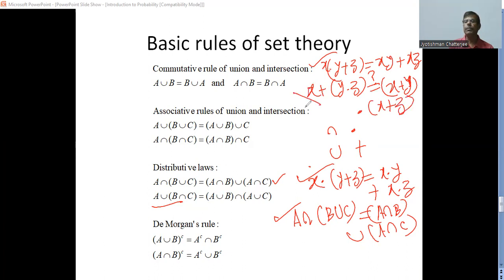The answer is no. However, in set theory, it happens. Actually, this is also true. A union, this rule also holds good. In other words, union also distributes over intersection.